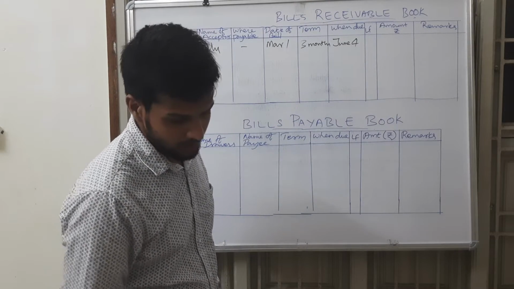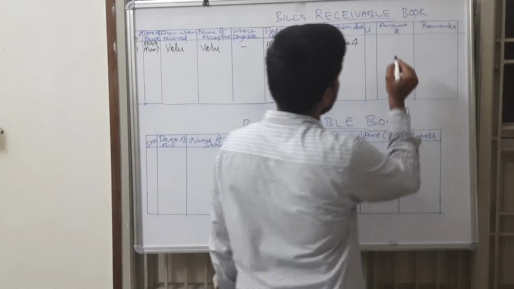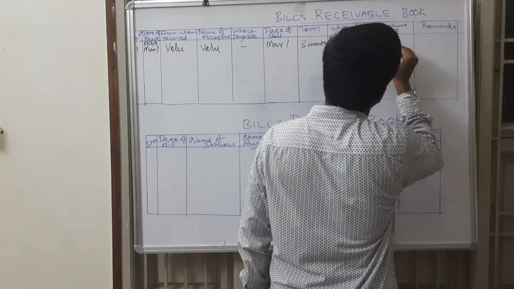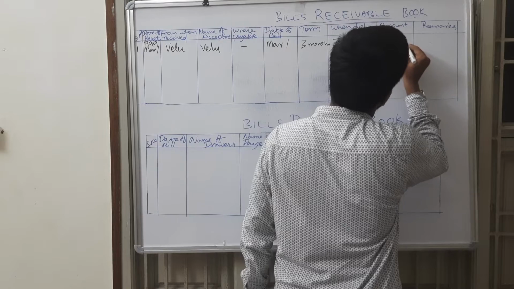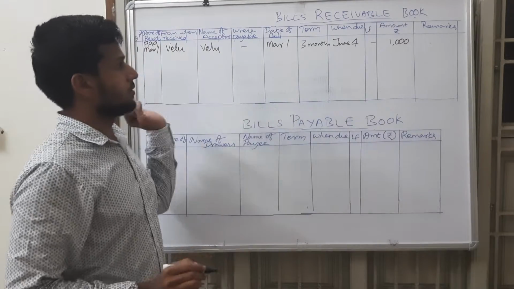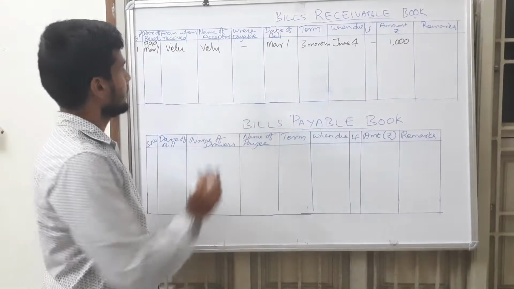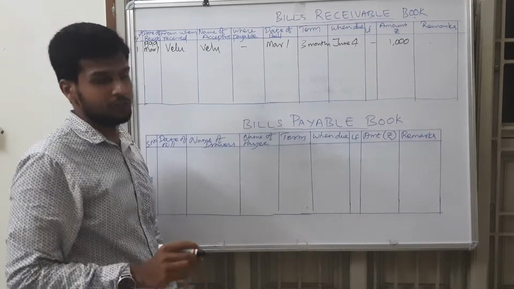The amount of the bill is 1000. We have mentioned the details in the bills receivable book.